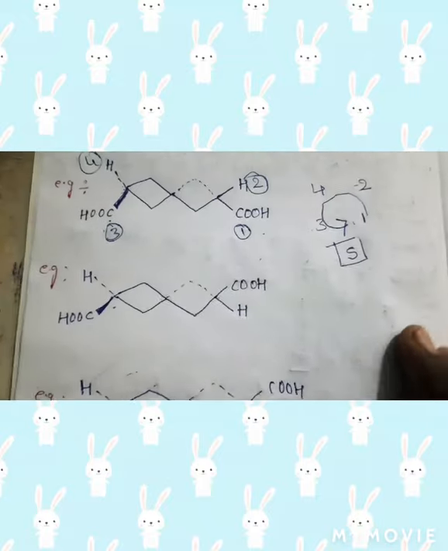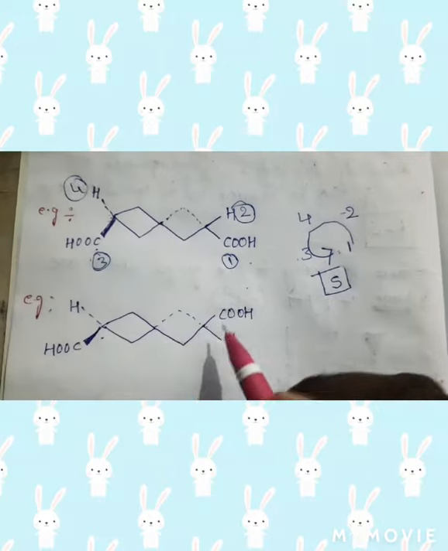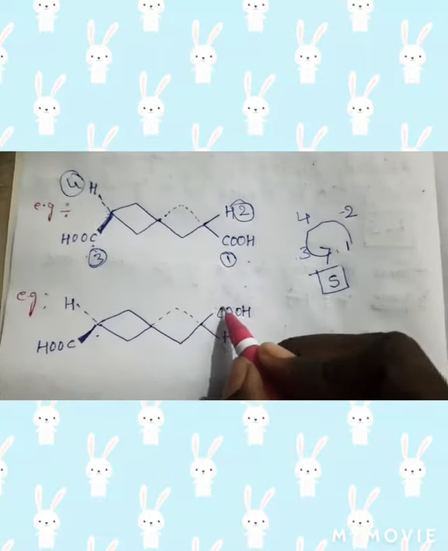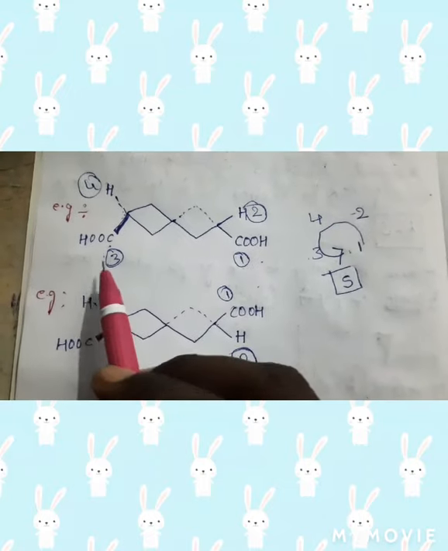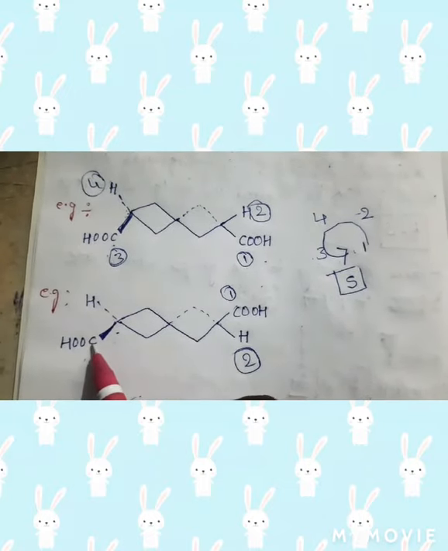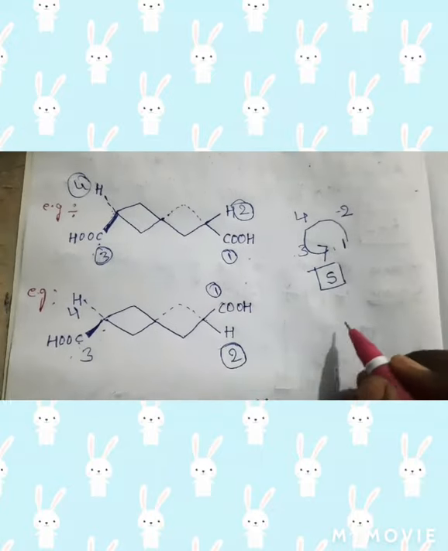Next, here also we first give numbering to the groups which are in the plane. Carbon has the highest atomic number, then hydrogen. Among these two, carbon has the higher atomic number, so 3, 4.